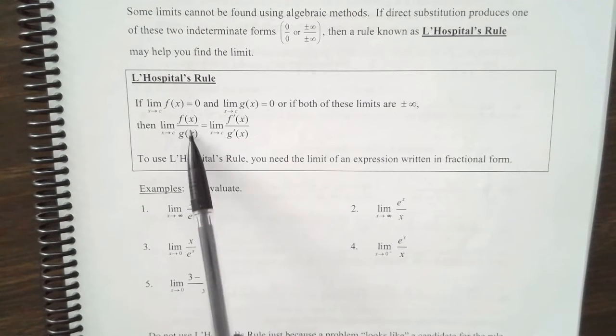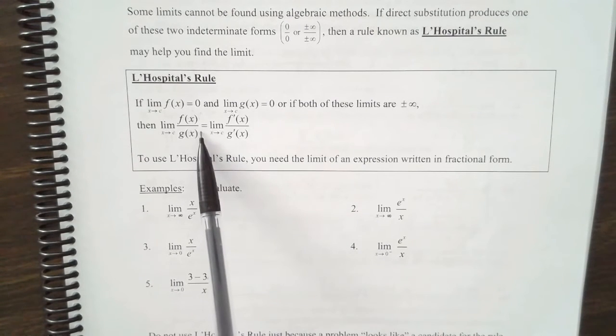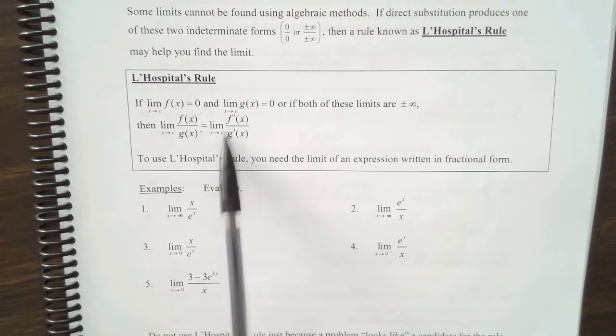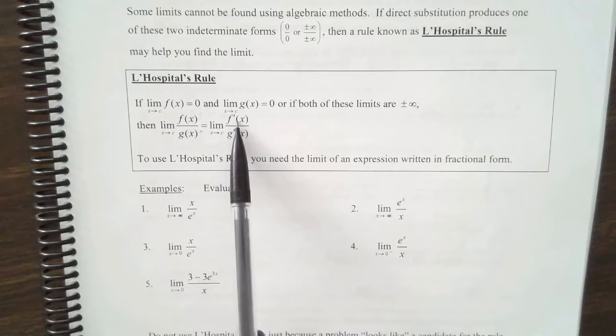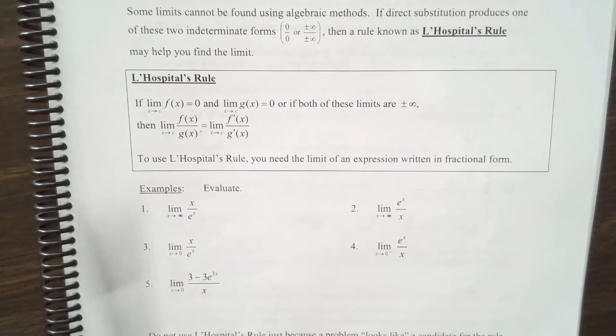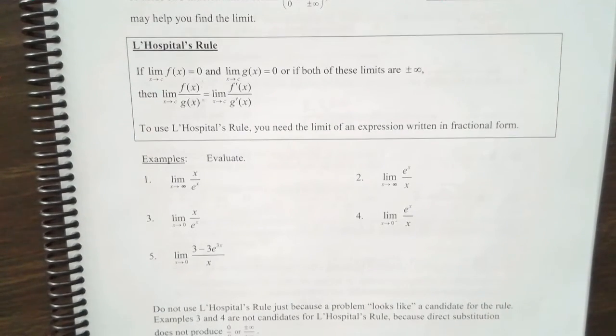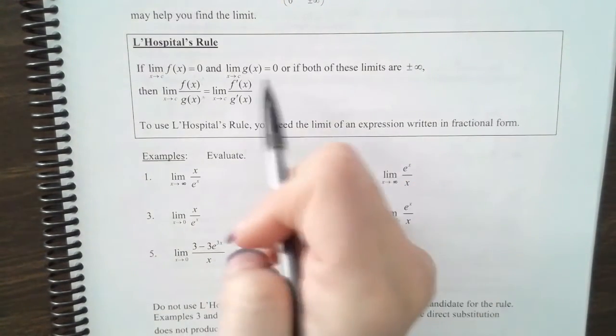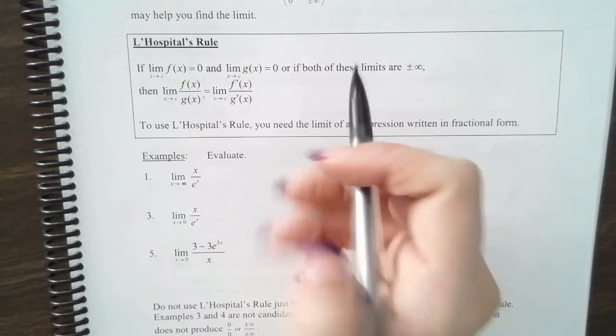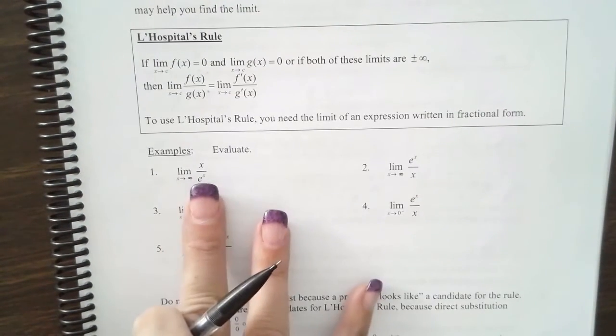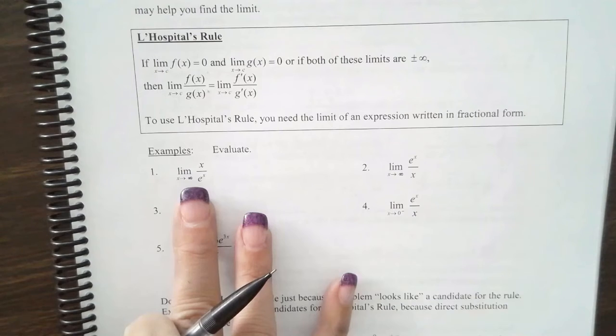Again, there's that indeterminate, 0 over 0, infinity over infinity. What we can actually do to find the limit is take the derivative of the numerator and the derivative of the denominator. We want to remember that it has to be indeterminate first.